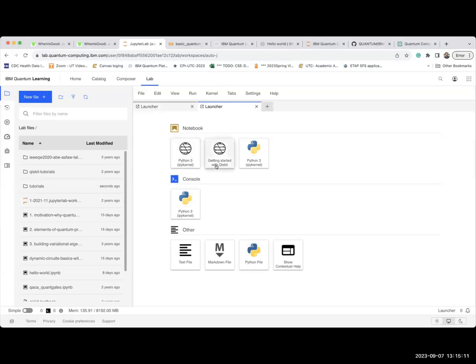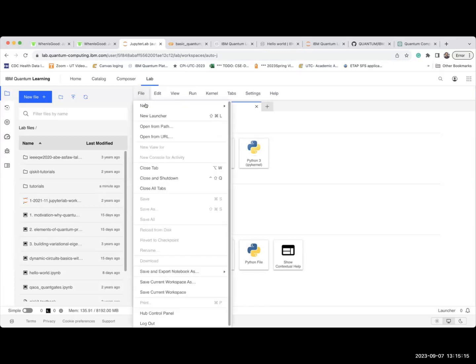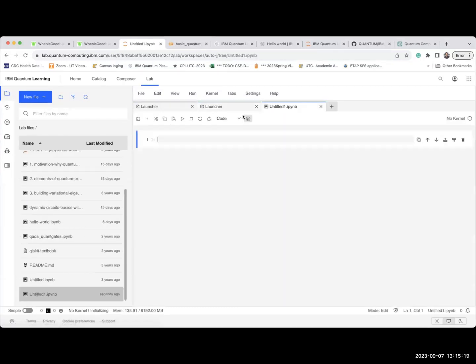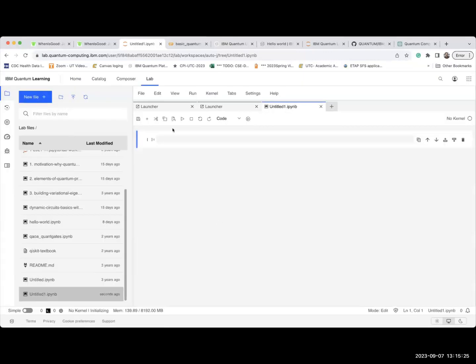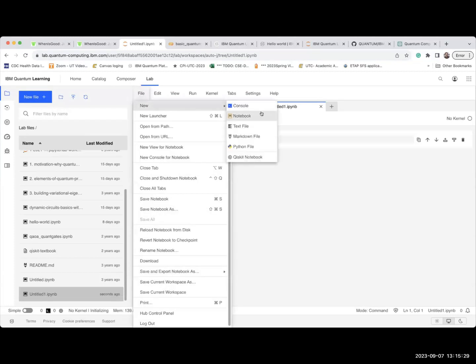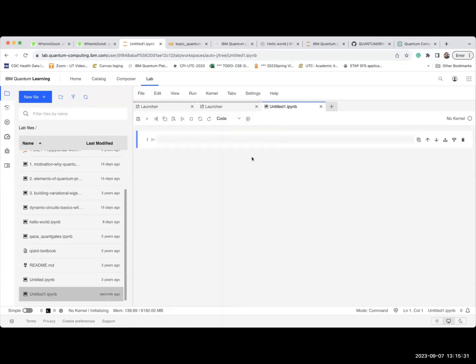The one that says Qiskit, doctor. Yeah. And then the last one, Qiskit notebook. Oh, you just go directly to Qiskit notebook. If you go file, new, and then the last one, Qiskit notebook, yeah, this one.